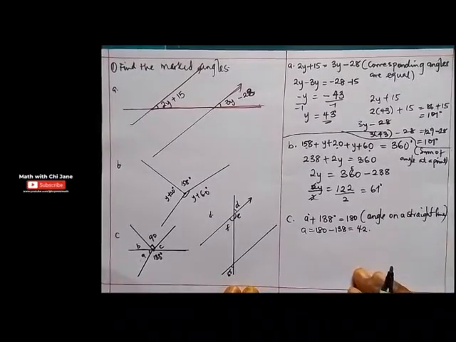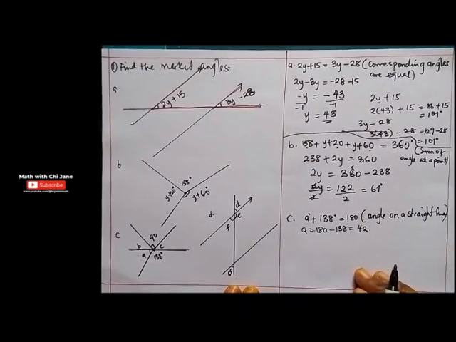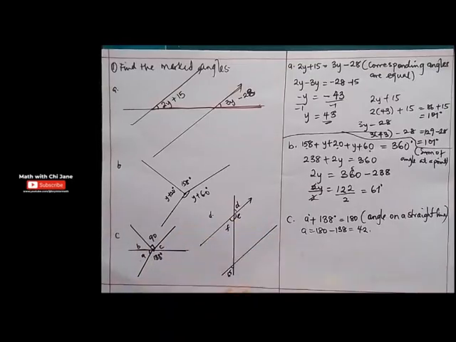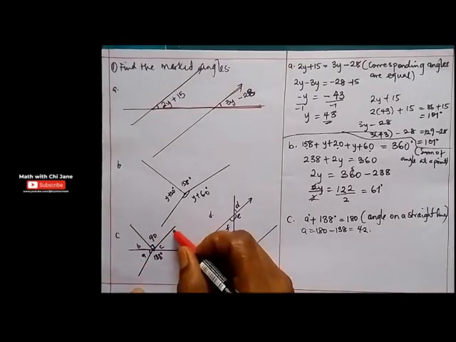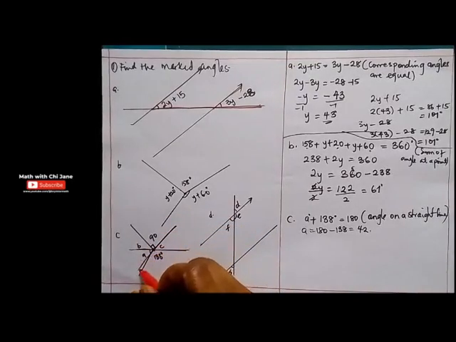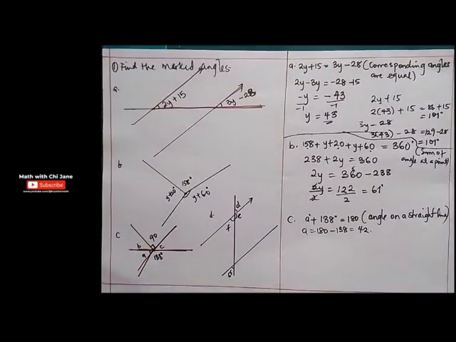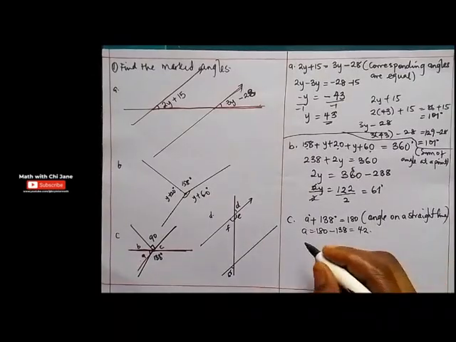So having gotten A, now we can get B and C. Now, A and C are facing each other. Remember? Sorry, my hand didn't draw it well. A and C are facing each other, and when they are facing each other, forming the letter X, that will be vertically opposite angles.